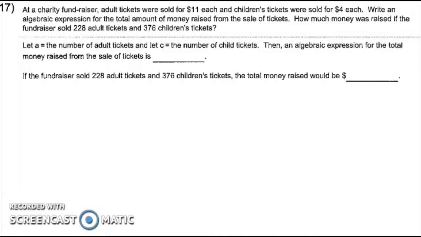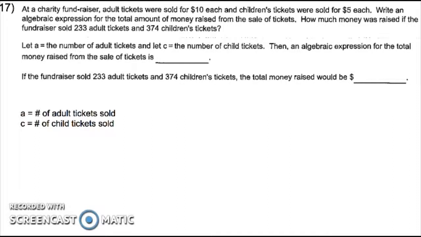Let A equal the number of adult tickets and C equal the number of child tickets. So going by that, we're going to have 10 each. Each means when you multiply. So 10A plus 5C will be our expression.